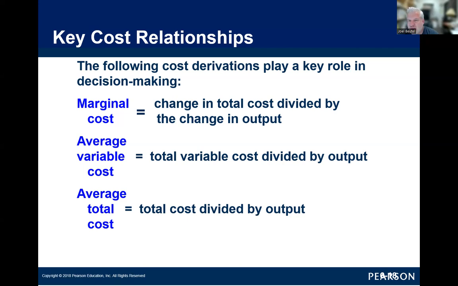Fixed costs, which we're not analyzing right now, are costs that don't change with the amount of output, right? So if I have land, my land has the same cost, real or implied, regardless of how much I produce. There are some land contracts that might involve payment based on production.